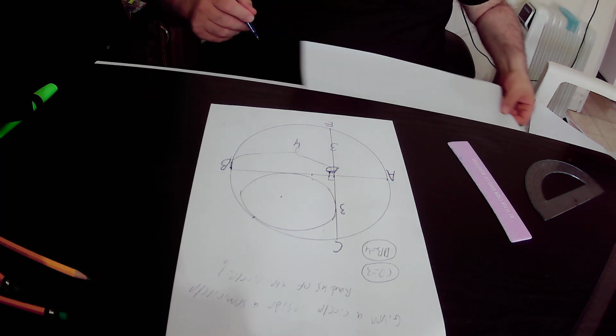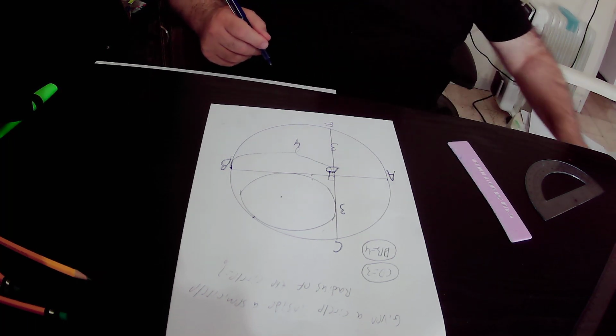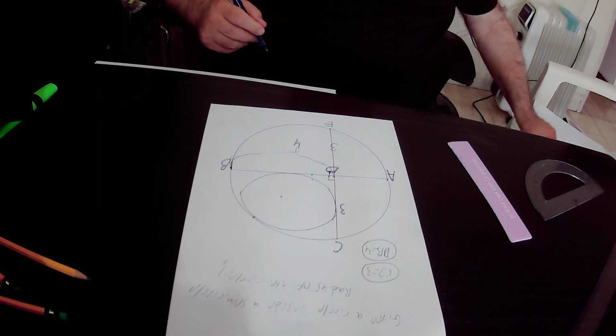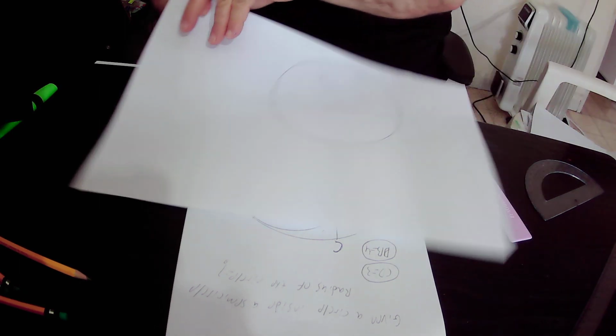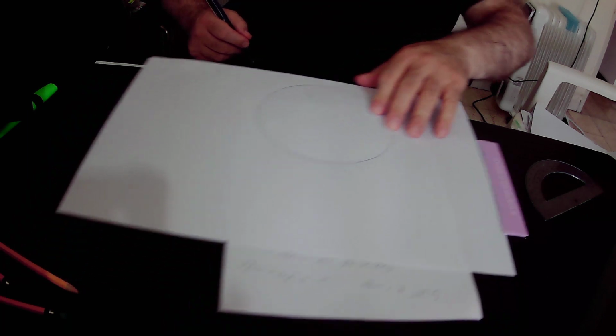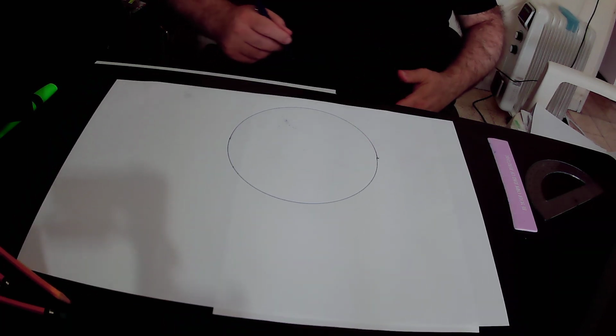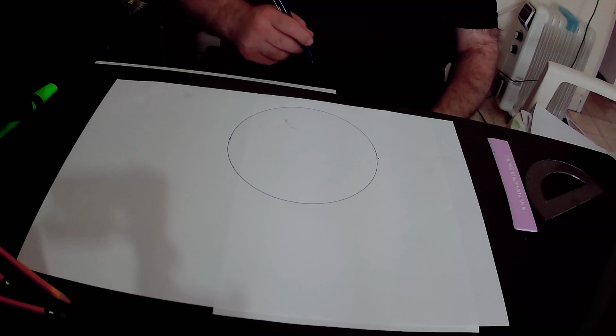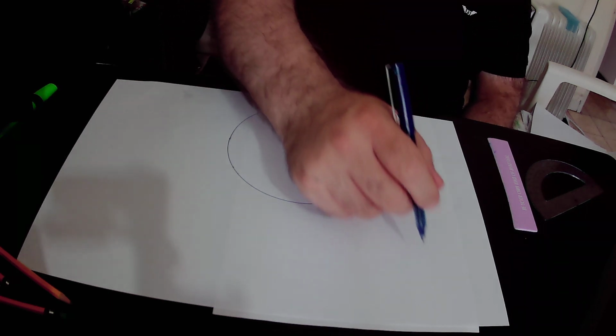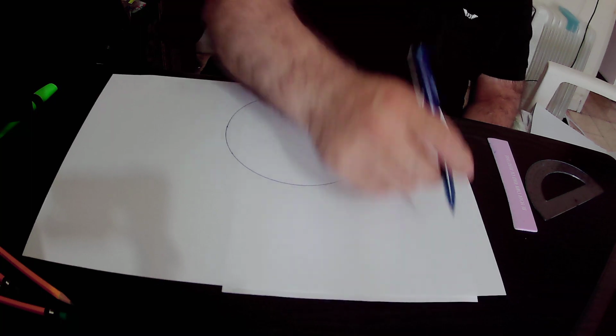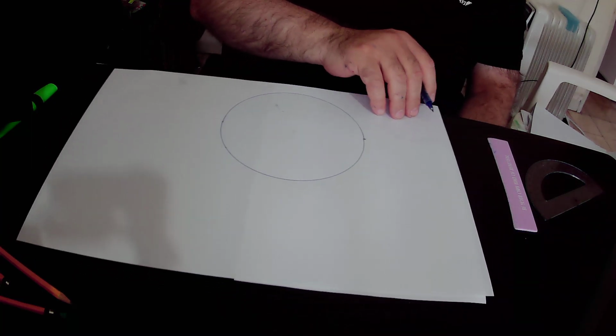In the next step, I will present to you a new rule that is related to two chords that intersect with each other inside a circle. Okay? So that will be rule number 1.